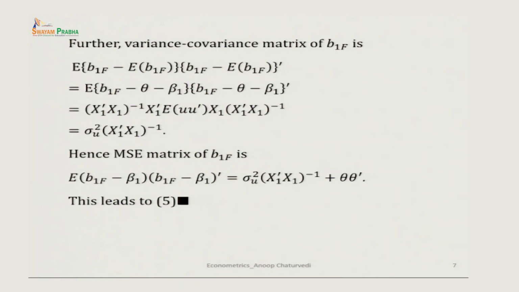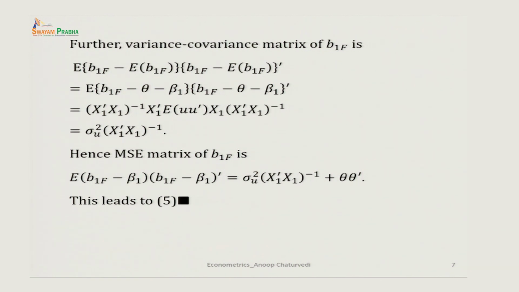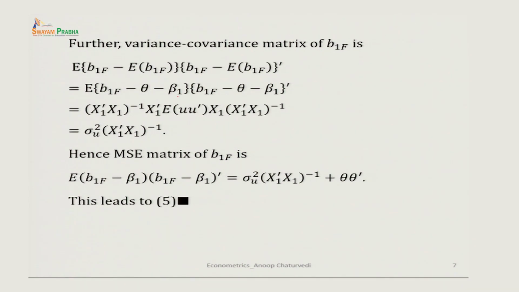Then the variance covariance matrix of B 1 f is the expectation of B 1 f minus expectation of B 1 f, times B 1 f minus expectation of B 1 f transpose. So, we obtain the variance covariance matrix of B 1 f. Now, expectation of B 1 f is equal to beta 1 plus theta.